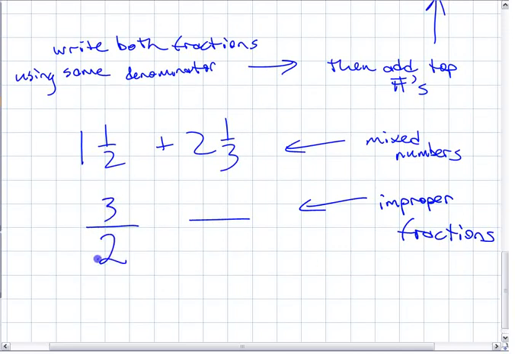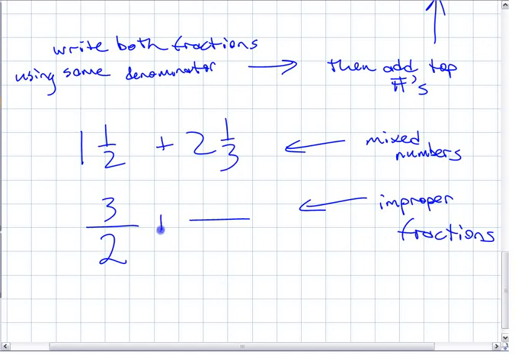You probably learned a rule, because when I ask people about improper fractions, sometimes they say, oh, that's the thing where you go this times this plus this. But you should understand what you're doing, right? 1 1/2 is like 2 halves plus 1 half. Right? 1 is like 2 halves.